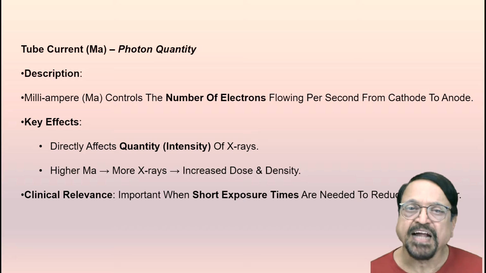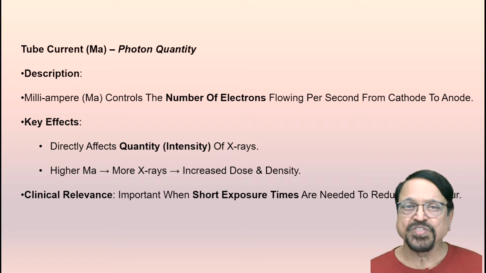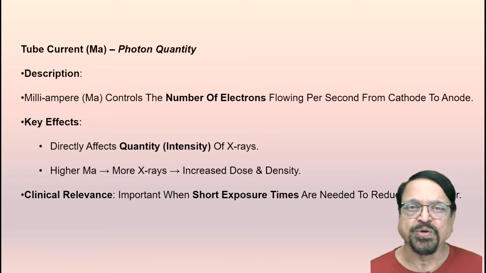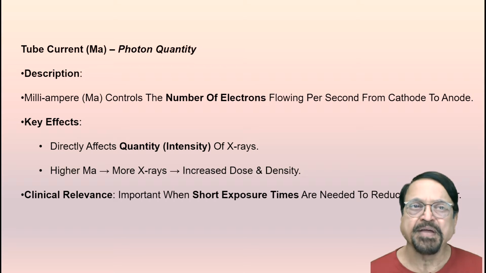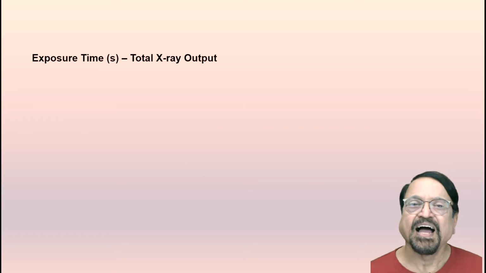They reduce motion artifact because ultimately what counts is the MAS value. Once the MA is increased, the seconds have to go down because the product remains the same. So when you apply high MA, the time the radiation is on, the exposure timing, will be less, and because of that, movement will not come.